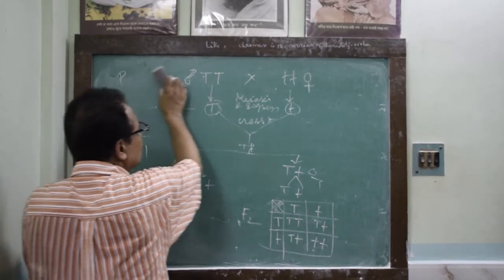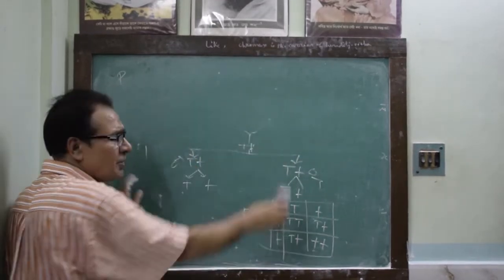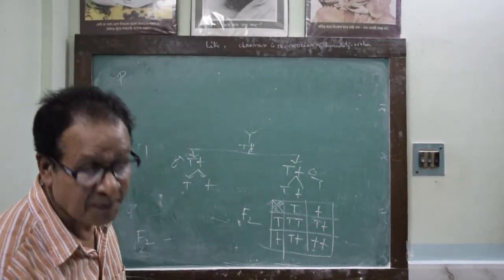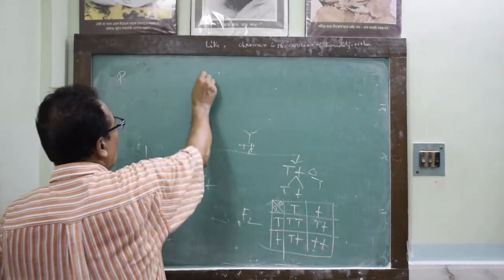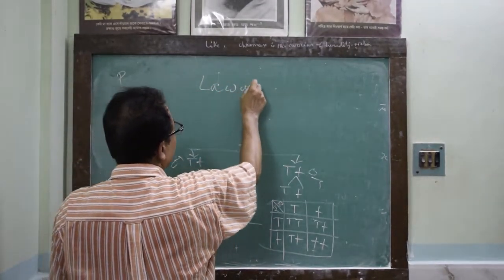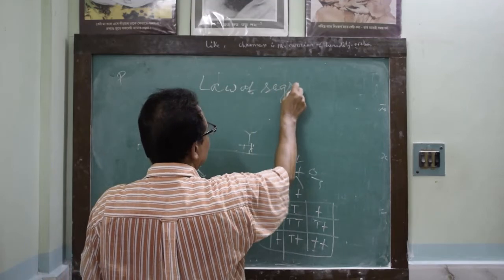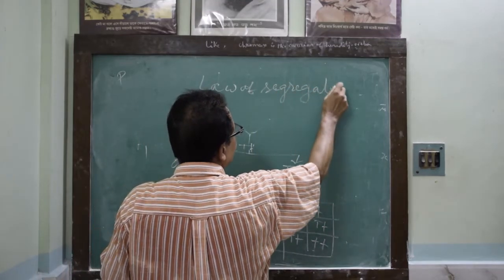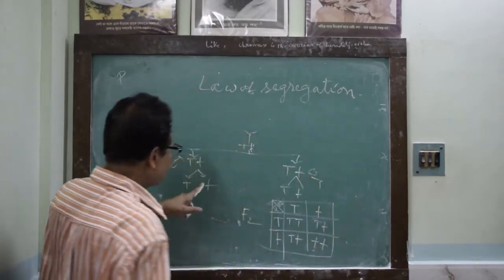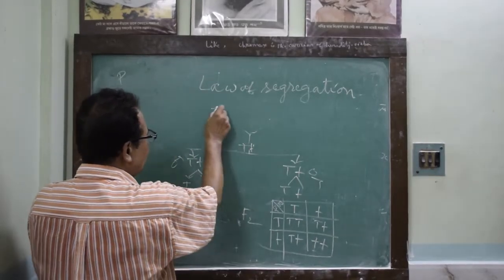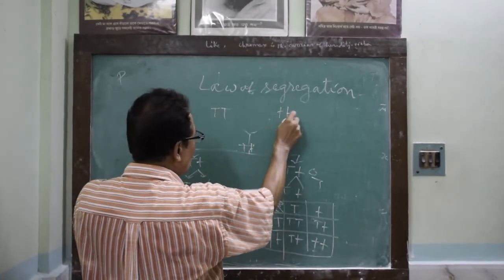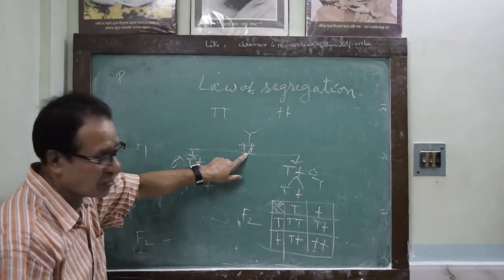After performing the monohybrid cross, he formulated his first law, the law of segregation. According to this law, the factors do not blend in heterozygous condition.